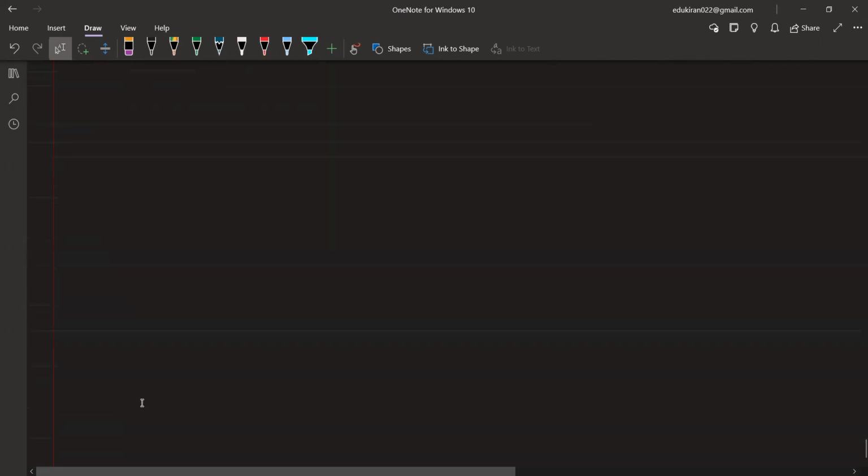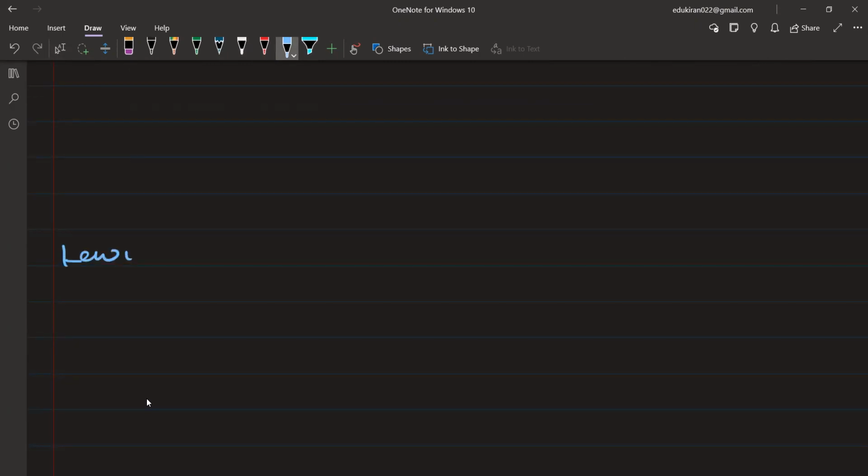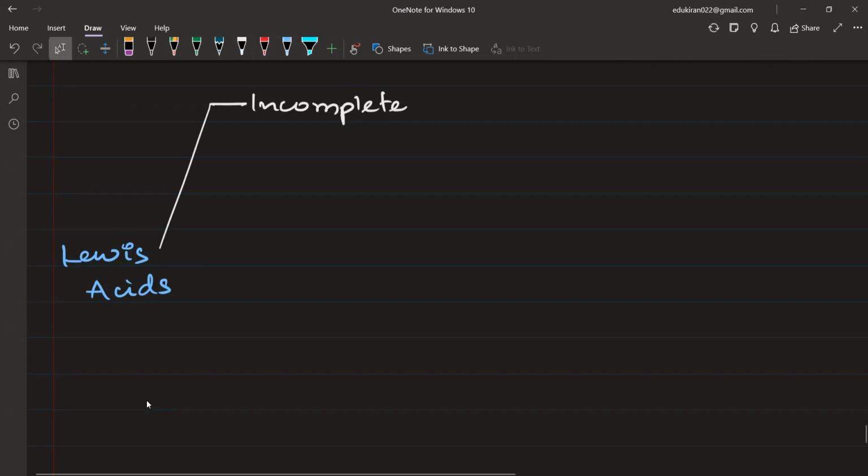Next, write. Now, in the Lewis acid category we have multiple contenders here. Lewis acids. First come those with incomplete octet. Here we have BF3.